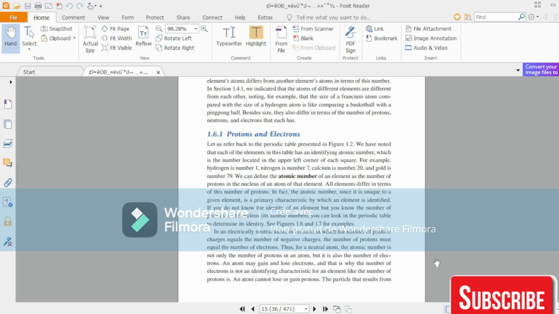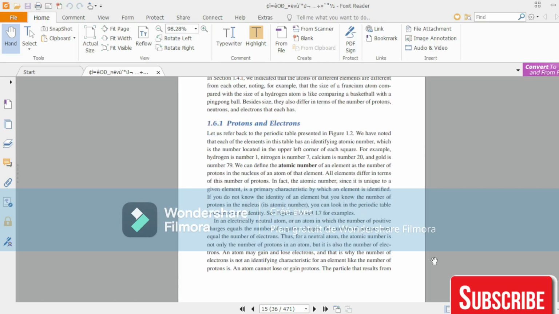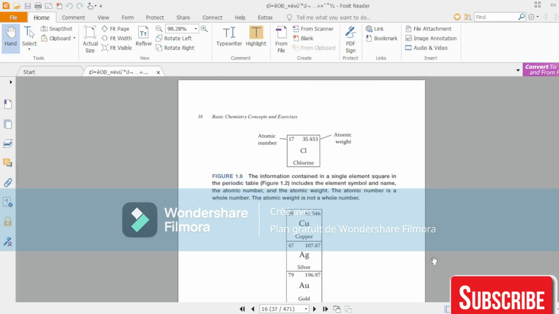An atom may gain and lose electrons, and that is why the number of electrons is not an identifying characteristic for an element like the number of protons is. An atom cannot lose or gain protons.